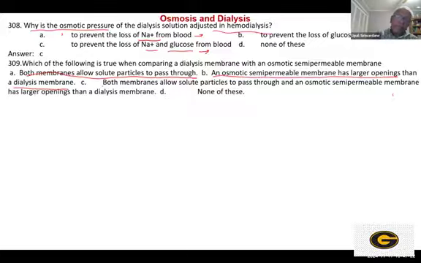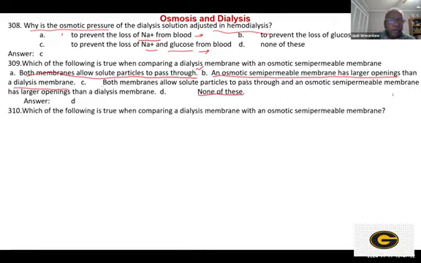To me, it looked like A. Both membranes allow solute particles to pass through. I'm not sure about larger opening than dialysis membrane. None of these. So they are completely different.